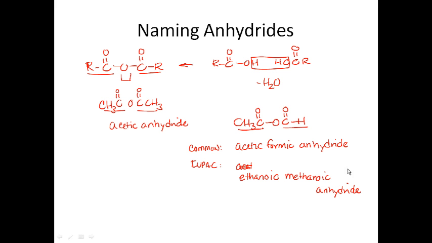So that would be its IUPAC name. And if you had substituents off the carboxylic acid group, then you would include those, just call it OIC, and then add the anhydride afterwards.